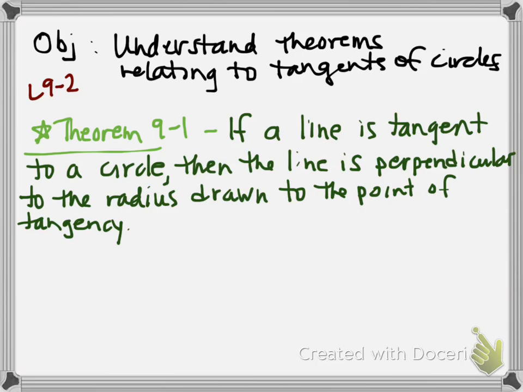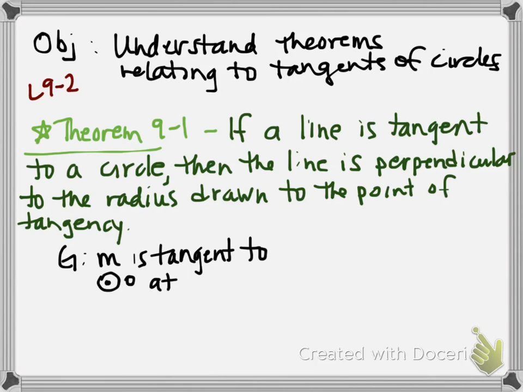the point of tangency. So let's draw a picture of this and try to figure out why is it important to have a theorem like this. So we are going to be given that we have a line M is tangent to circle O at point T. Okay, so O refers to the center.